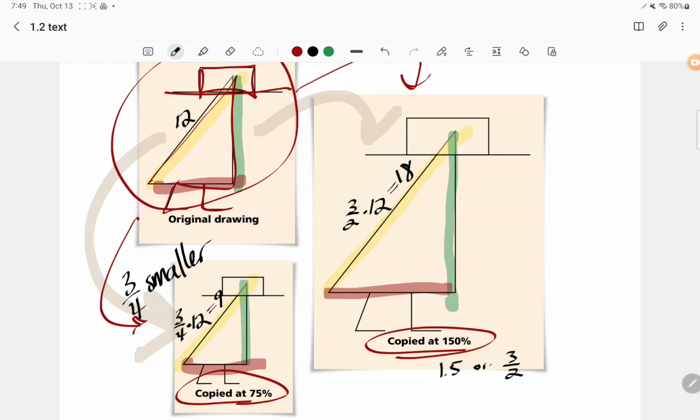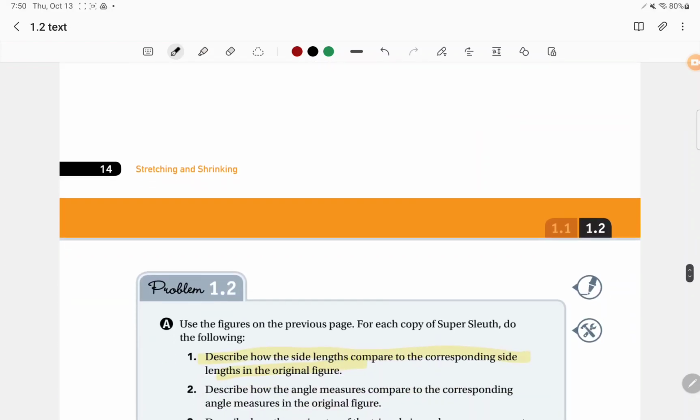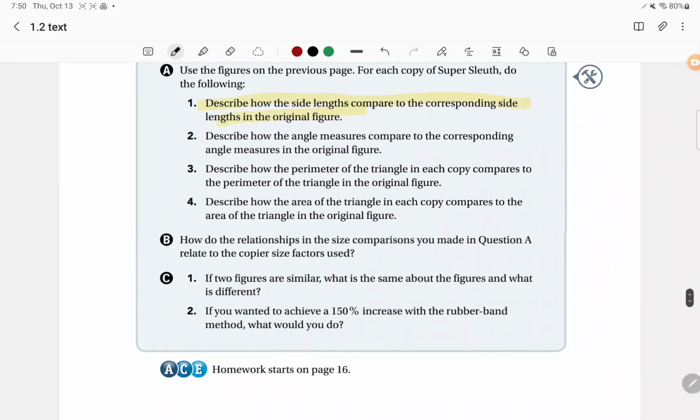So if the original was 12 inches long, the new one would be 18, and the one at 3/4 would be 9 inches. Okay, so you have to answer that question saying not only is it larger, but it's this much larger. So 1.5 times larger or 3/4 smaller.